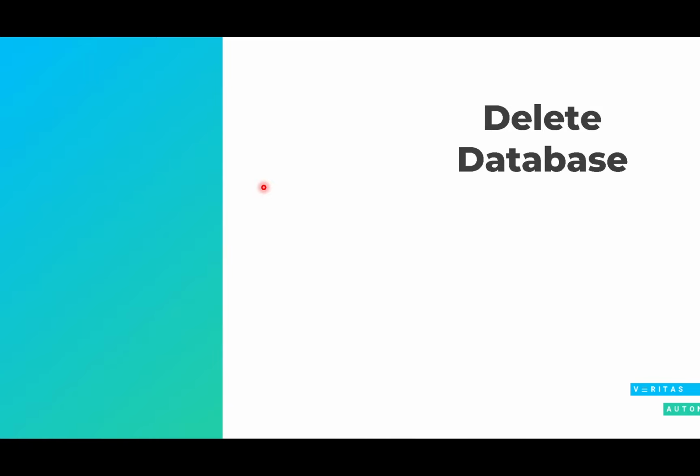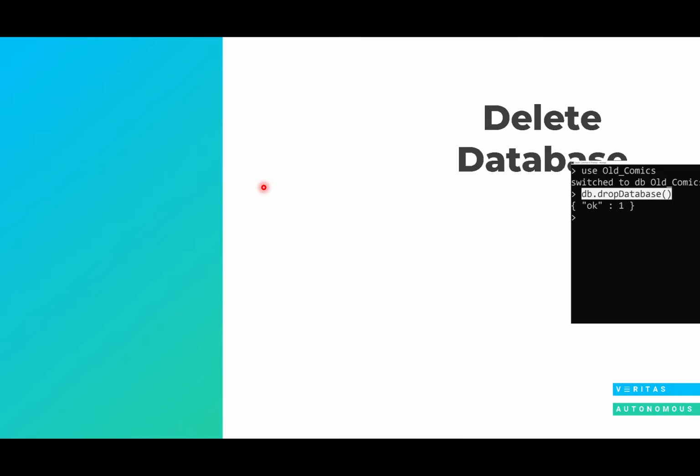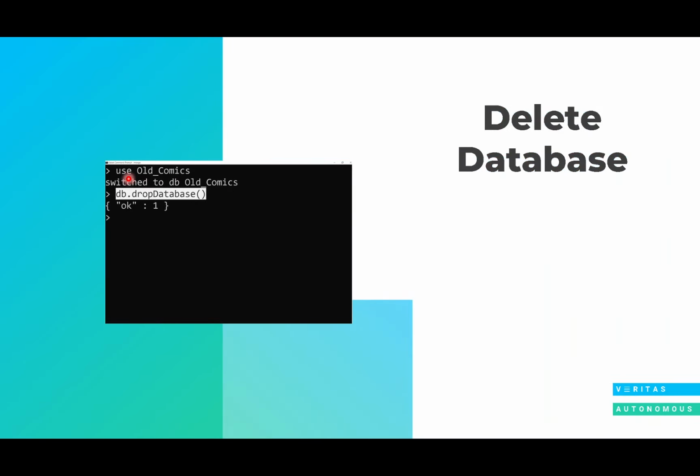Now, how do you delete a database? Very easy. You first have to go inside the database. So you type use and the database name, and it will show that we are inside that particular database. Then we just type db.dropDatabase with a capital D. The case sensitivity is important, so you have to type it exactly like this.